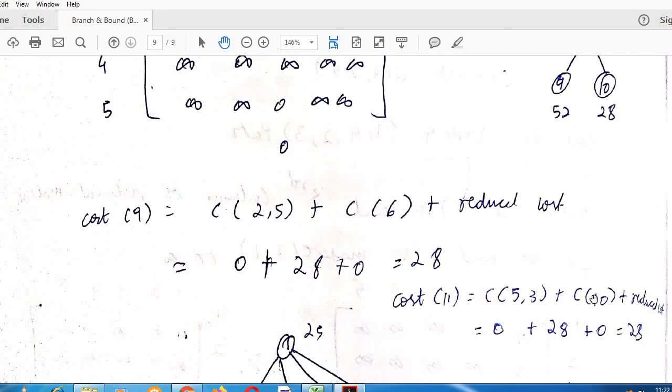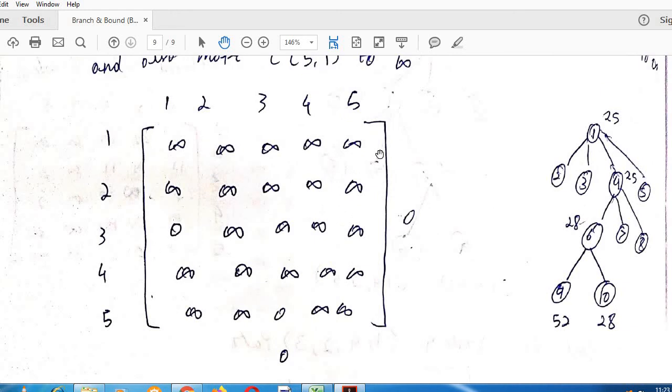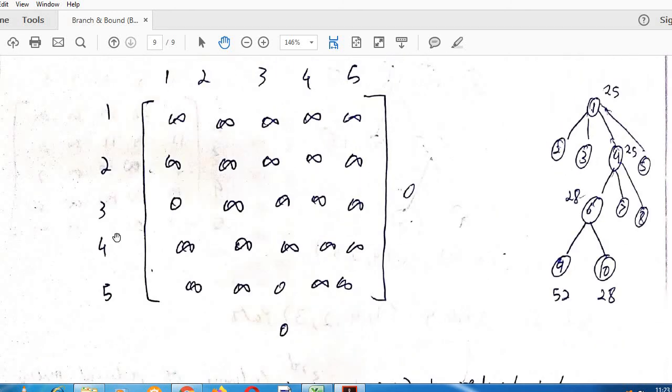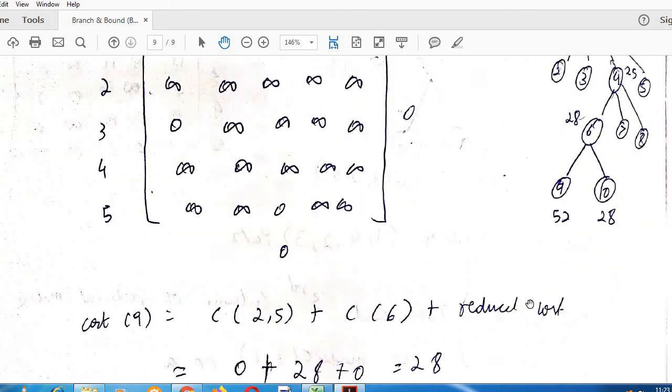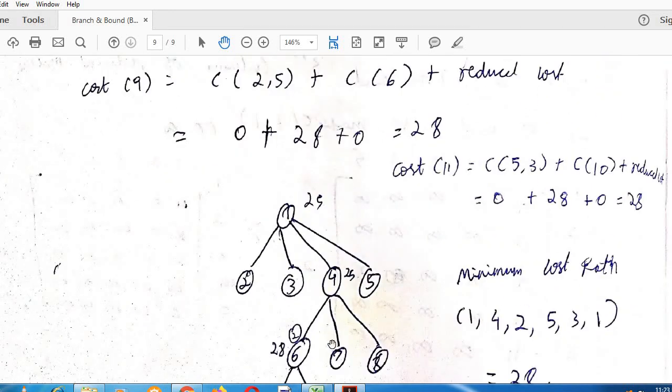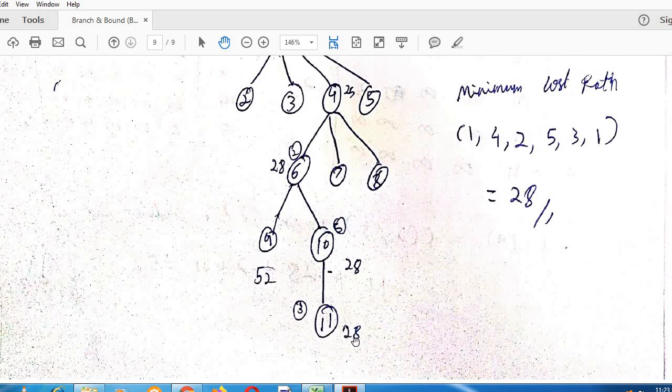The reduced cost will be based on the reduced matrix of node 10. If you observe, we can't reduce this matrix further, so the reduced cost is 0. The cost for reaching from 5 to 3 is 0 and the cost of node 10 is 28, so the value will be 28.